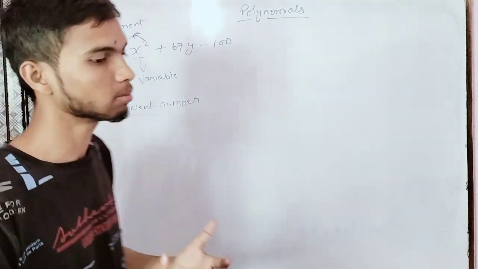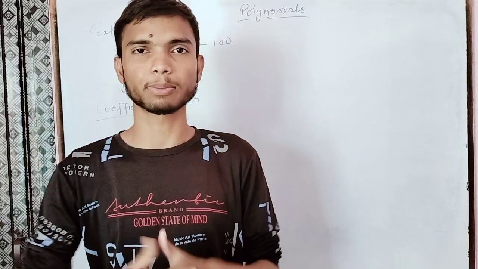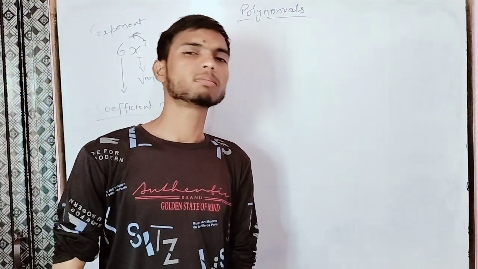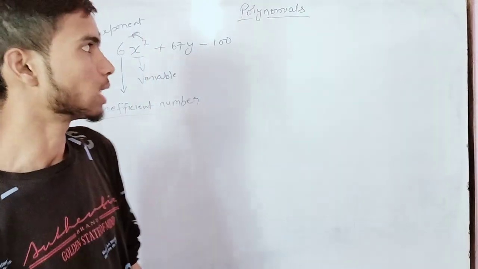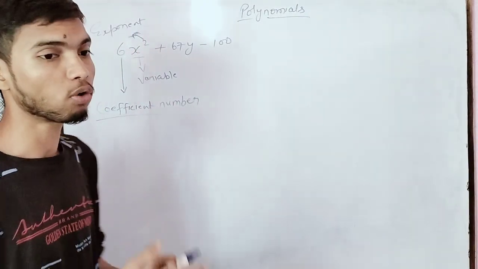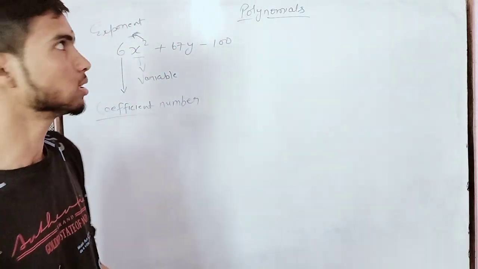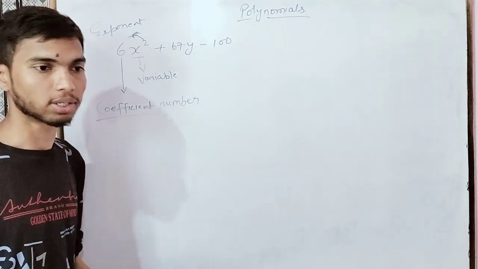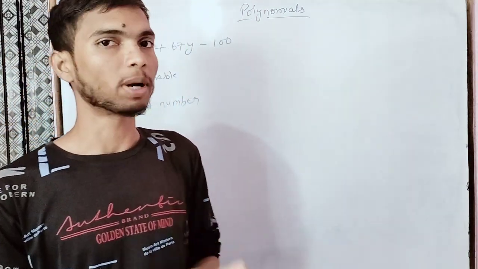Now there are some operators of mathematics, for example addition, subtraction, division, and multiplication, and we see the use of operators in solving questions. So here you can see this is addition, which is an operator of mathematics.